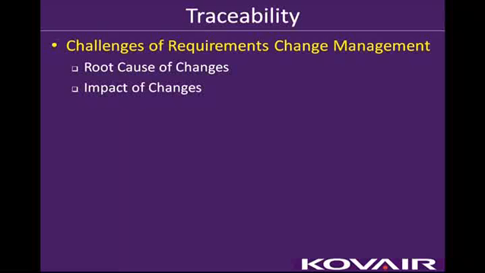So one of the challenges, and possibly the most important challenge of change management, is that when you are changing a requirement, what is the cause of that change? And also, what is the impact of the change?